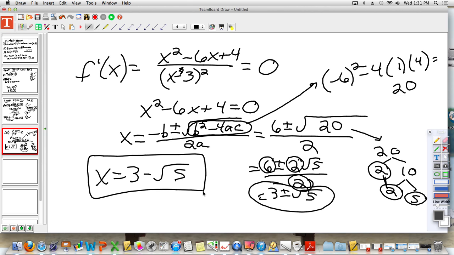But then this one did fall within the negative 2, 2 interval. Okay? So if it's a pair, it goes outside of the radical.